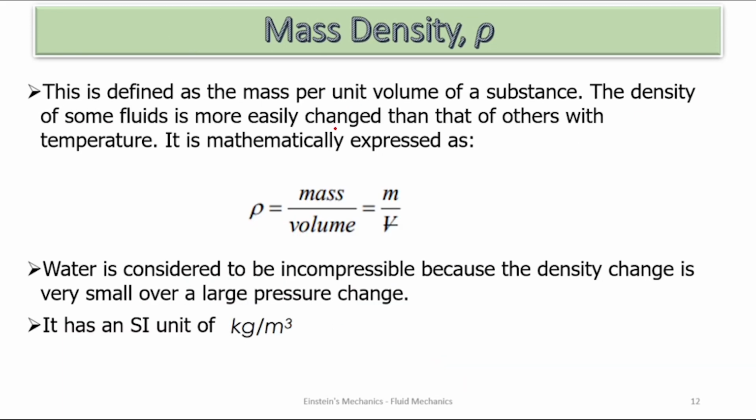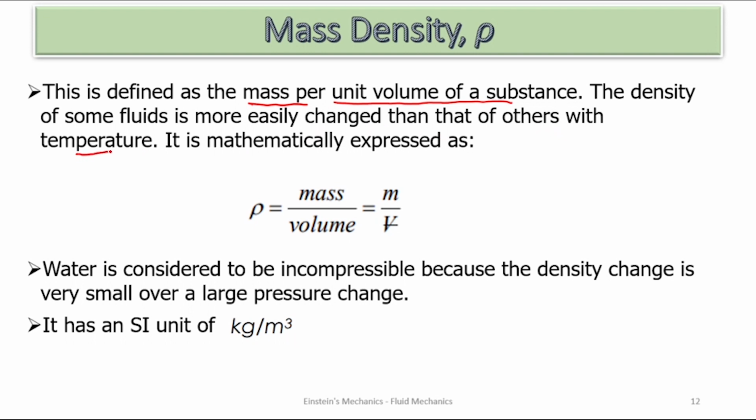Are we good? So one property we will be talking about is the mass density, which is very common for fluids, for bodies, and for structures. So the mass density, which we refer to as density, is defined as the mass per unit volume of a substance. The density of some fluids is more easily changed by temperature than that of others.